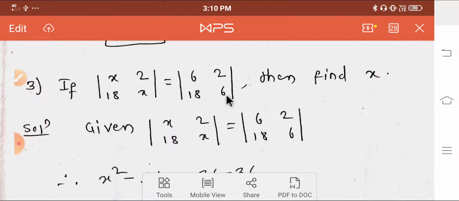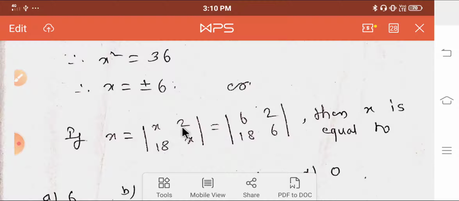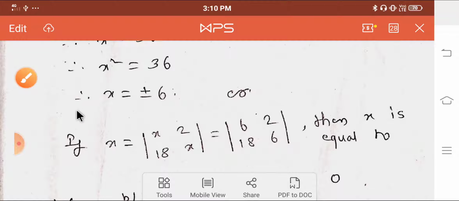Or the same example may be asked like this: if the determinant |x 2; 18 x| equals the determinant |6 2; 18 6|, then x is equal to, so questions are asked like this one also.